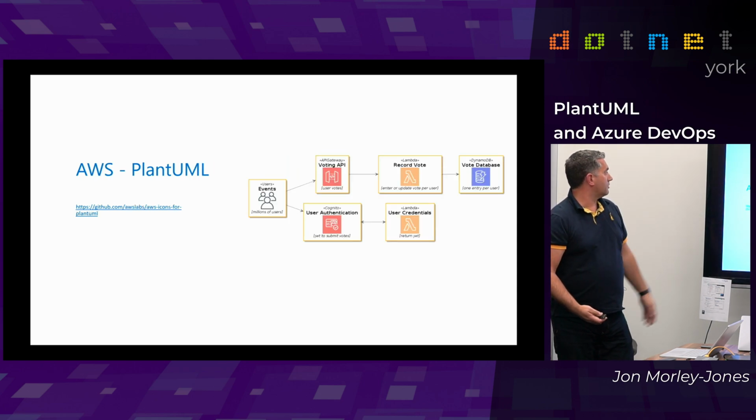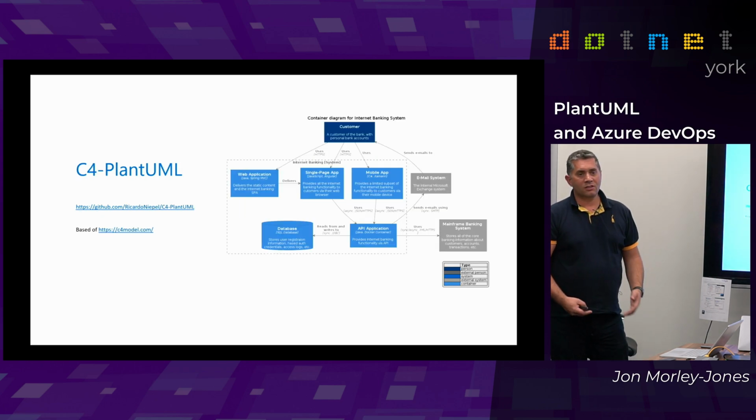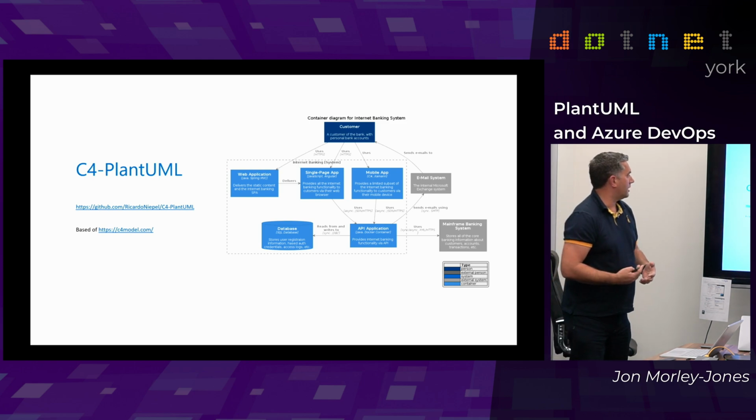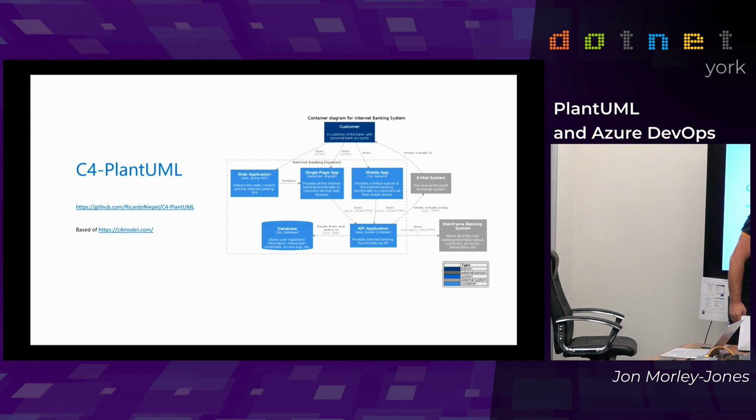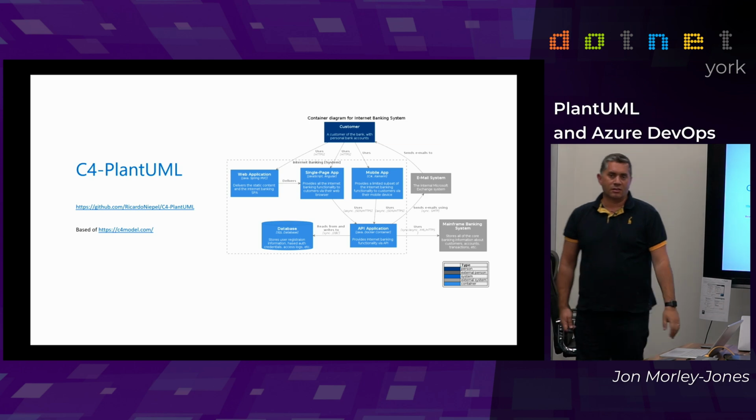And someone else has done it for AWS. And there's another one called C4. C4 is an architectural approach to make things more abstract, and you get a nice little legend at the bottom here, and so you can actually have high level diagrams put together.